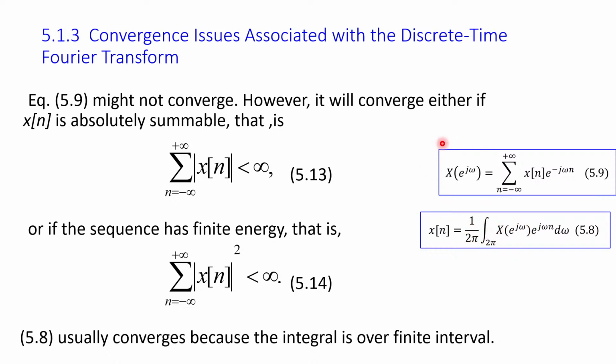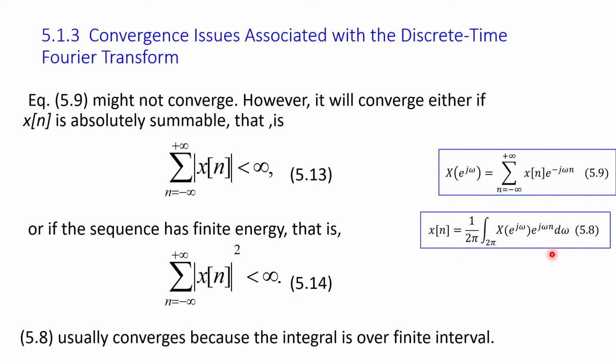and now this big X has a period 2 pi. Like we keep saying, because small x is discrete, big X is periodic, and here the period is 2 pi. Because it's periodic, we're only integrating over one interval of 2 pi, big X of e to the j omega times e to the j omega n, d omega.